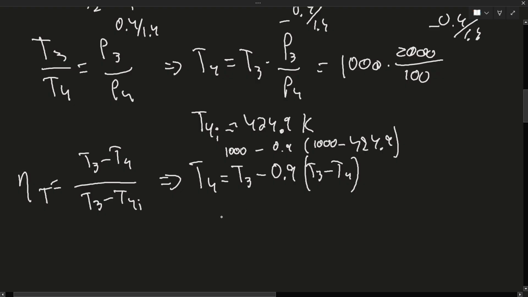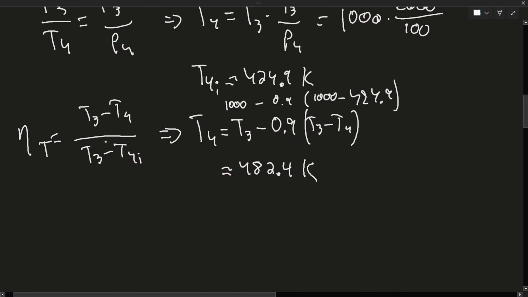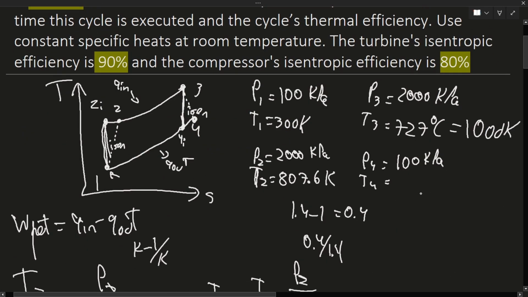Okay, so we get our actual T4 to be equal to 482.4 Kelvin. If you get an actual T4 that's less than your ideal T4, it means you messed up with the numerator and denominator. So just pay attention to that, but otherwise it's pretty simple. If you memorize this shape, the rest is just common sense.